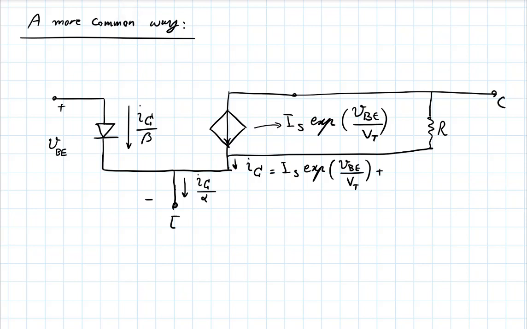Remember, this is collector, and this is emitter, and this is base, plus VCE over R. That's that collector current. Now this works. You see, this is just a different way of modeling it: a DC model for the BJT that also has the early effect.